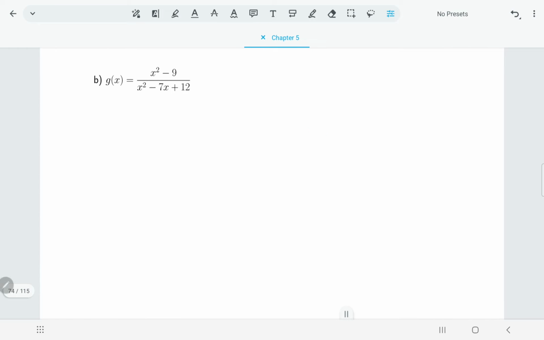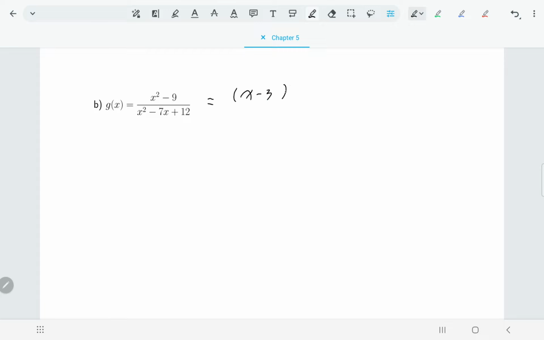All right, another example. So this one is not in factored form yet, so I will need to factor the top as well as the bottom. And so if I'm looking at this, I can see that I definitely have two excluded values, 3 and 4. And I can also see that the factor x minus 3 that gave me 3 as an excluded value got canceled away.